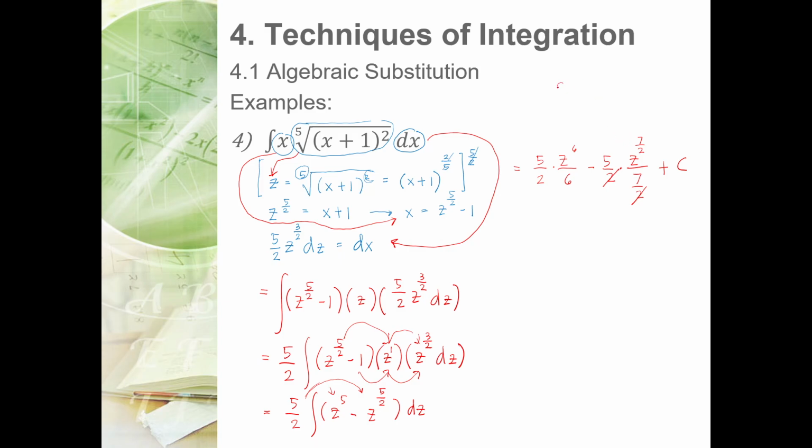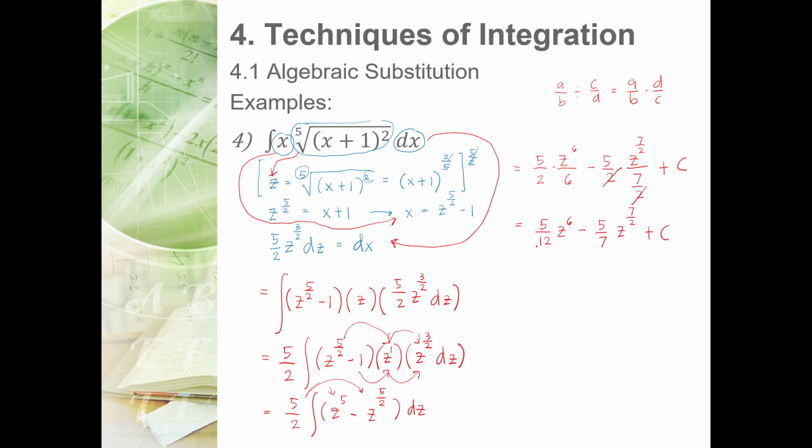If you recall dividing fractions, a over b divided by c over d would give you a over b times d over c. So just try to recall how to multiply or divide fractions. So this would give us 5 over 12 z to the power of 6 and then minus 5 over 7 z to the power of 7 halves plus c.